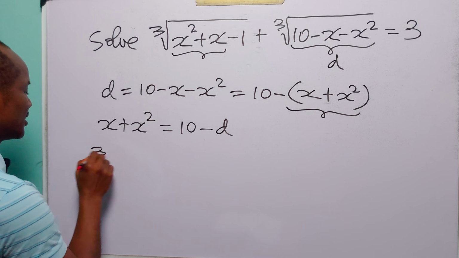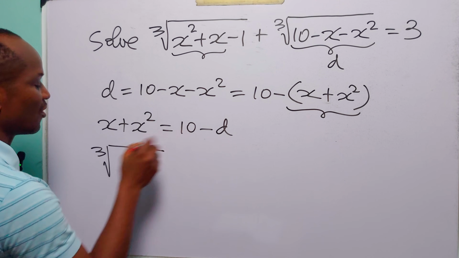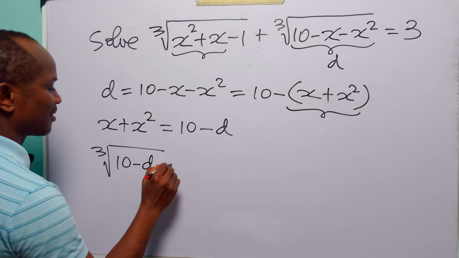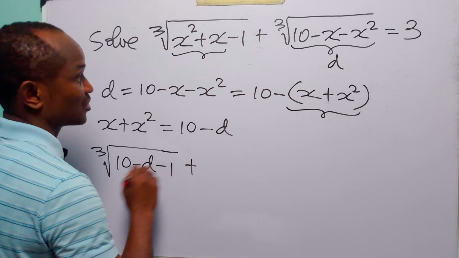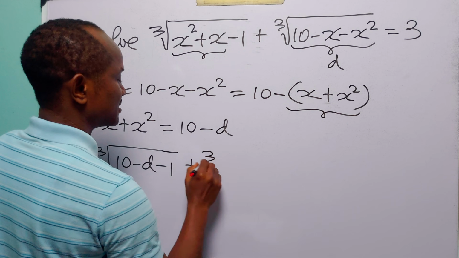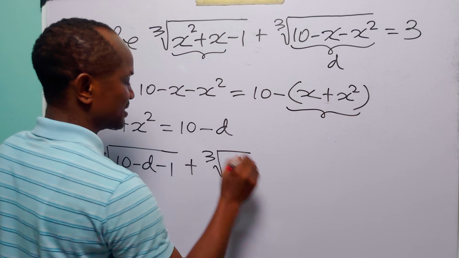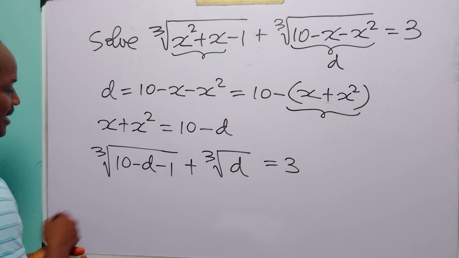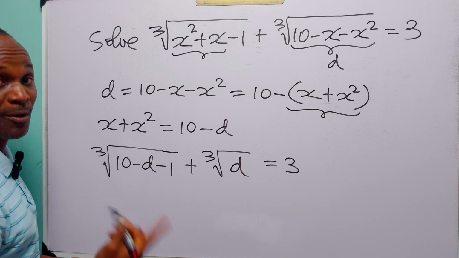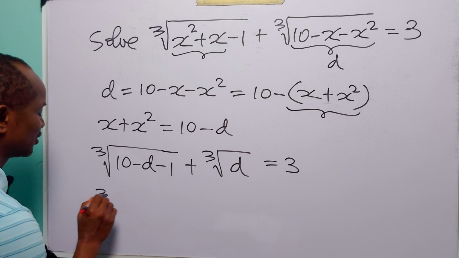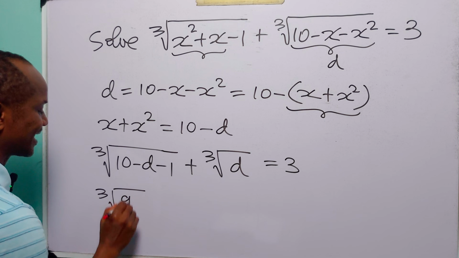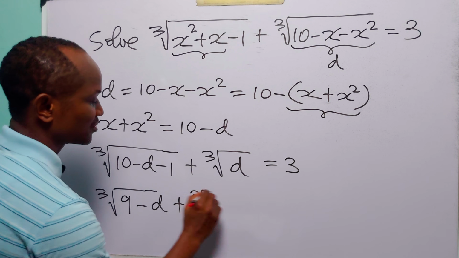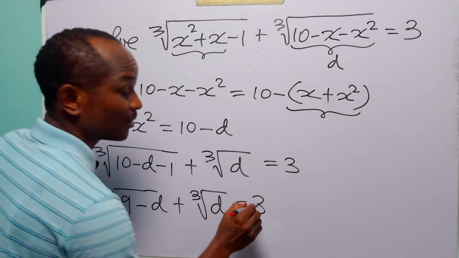So we have the cube root of 10 minus d, then minus 1 plus, of course, the cube root of d, and this is equal to 3. Now, 10 minus 1 is equal to 9. So here we have the cube root of 9 minus d plus the cube root of d is equal to 3.